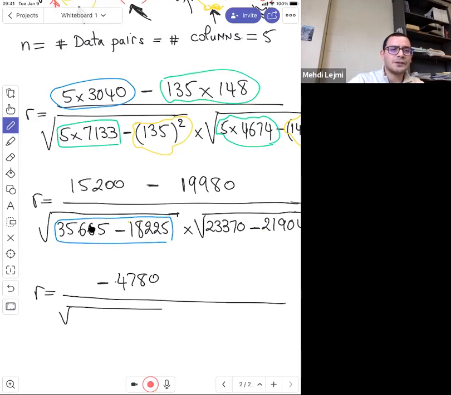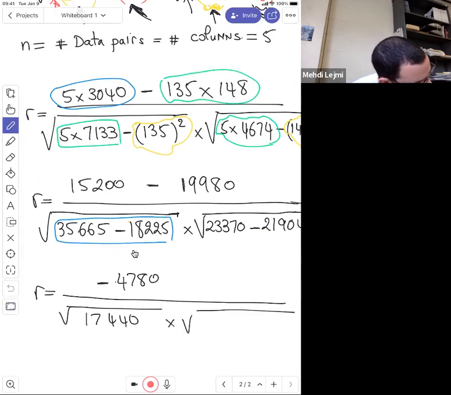So that's actually equal to 17,440. And don't forget, there is still the square root. The square root is the last thing you do.